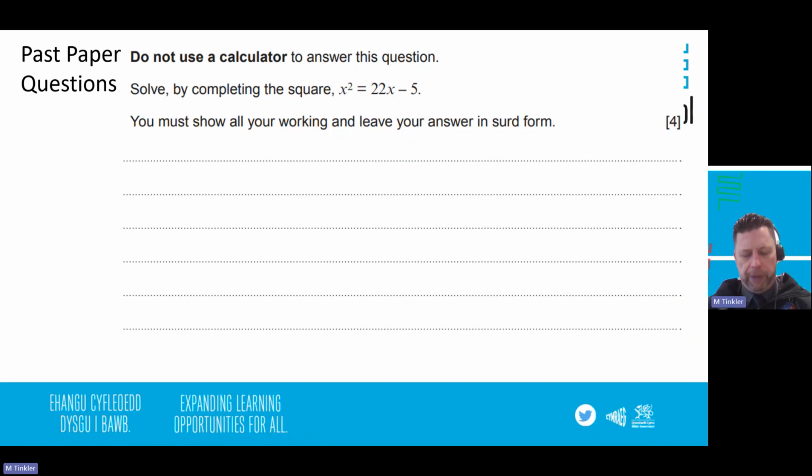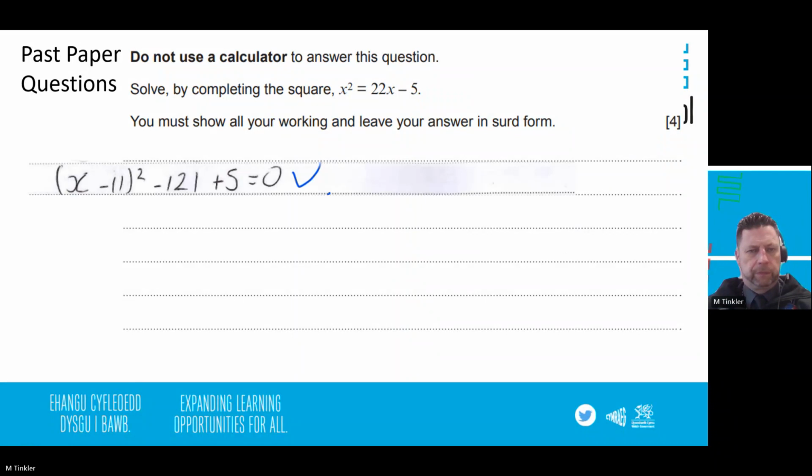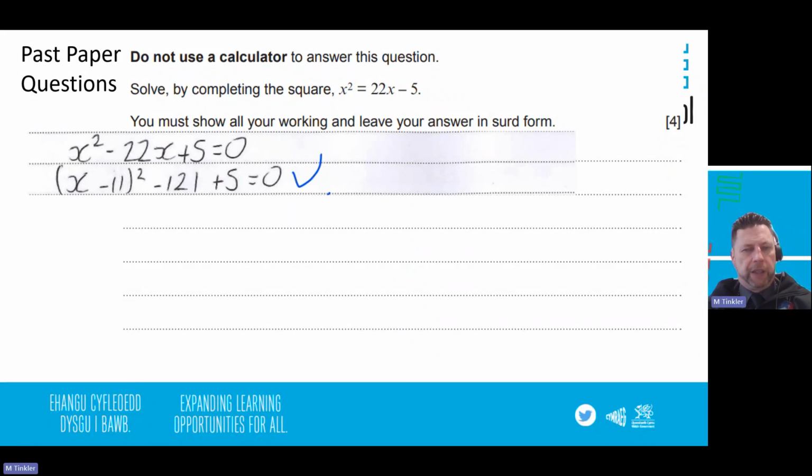I've broken my solutions down into parts. And if you're wondering why I put a tick there, that's to show where I got a mark.